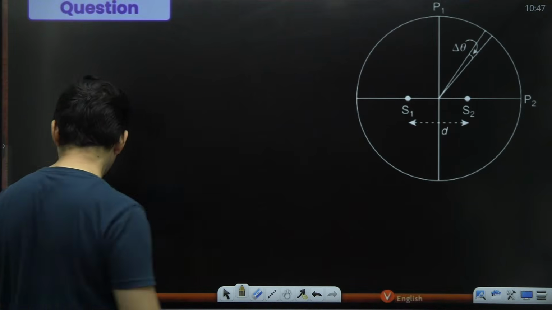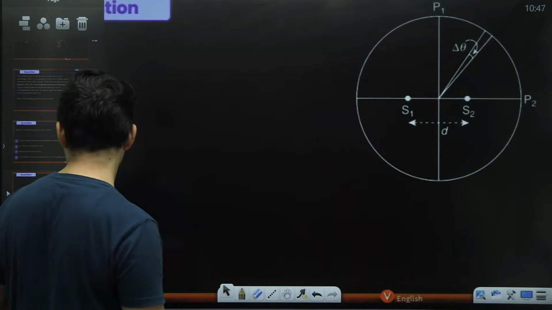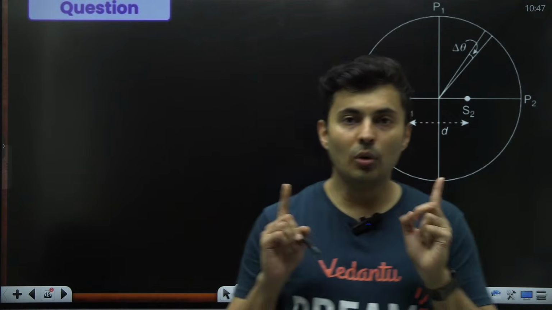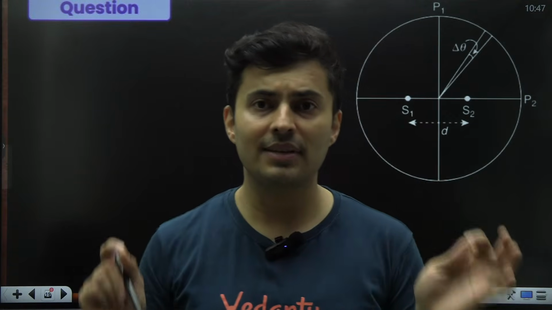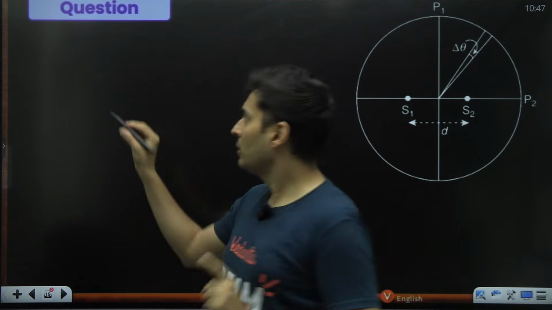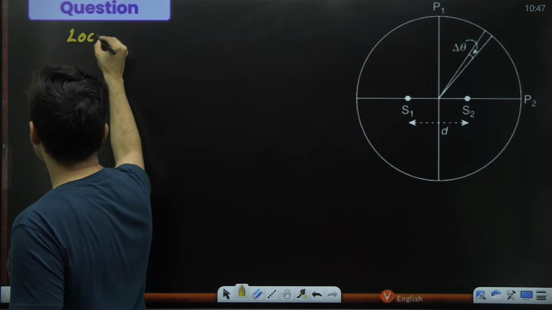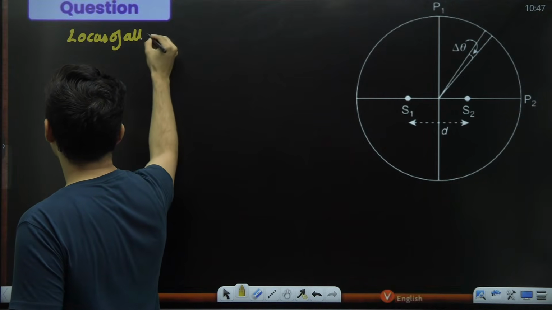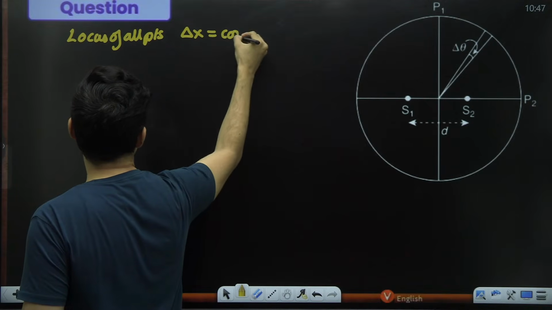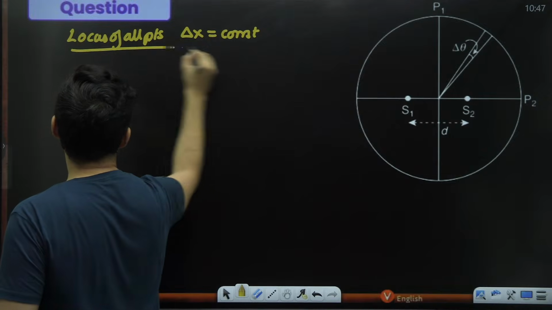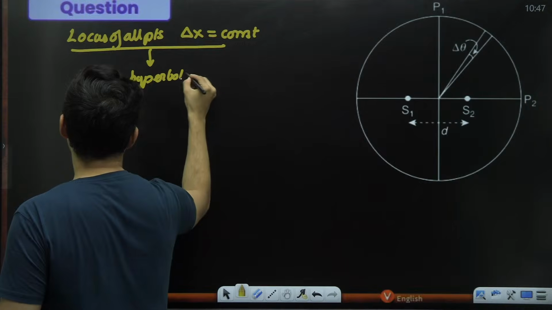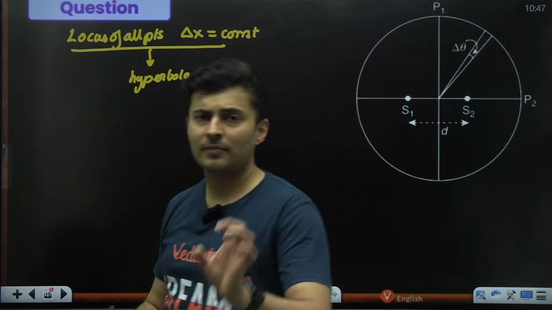Now, I'll tell you what exactly happens in these types of questions. Remember the theory that the locus of all the points where the phase difference is constant is a hyperbola. Whenever you find the locus of all the points with constant path difference, that is basically a hyperbola.